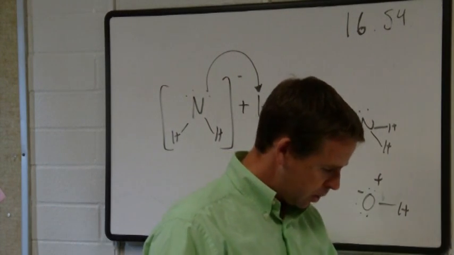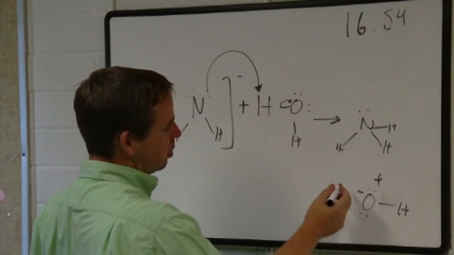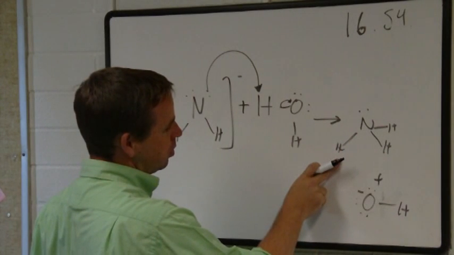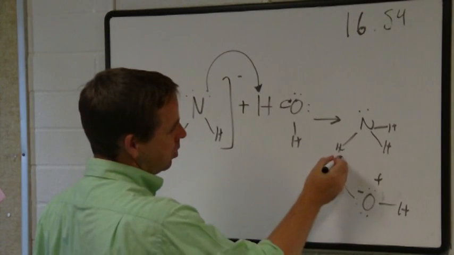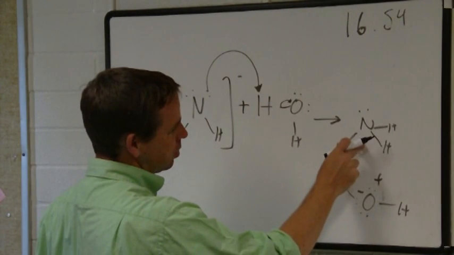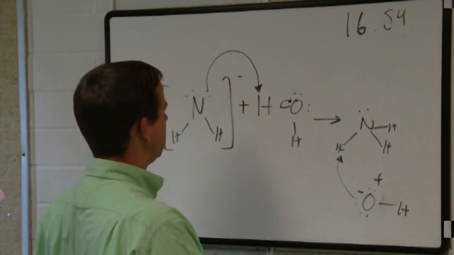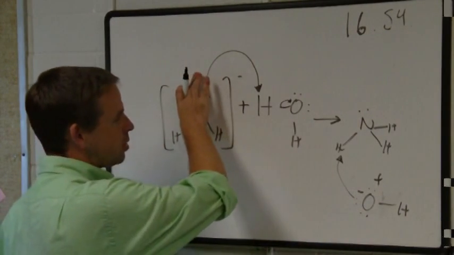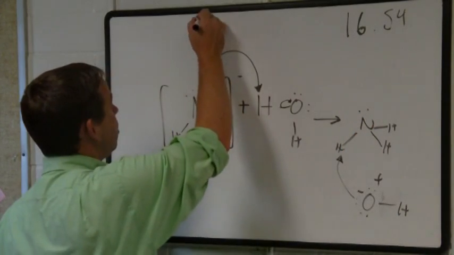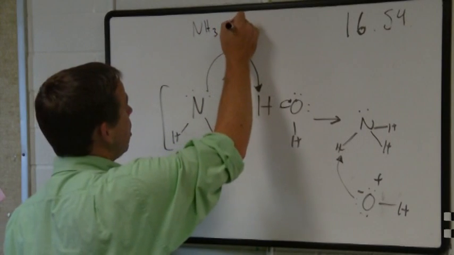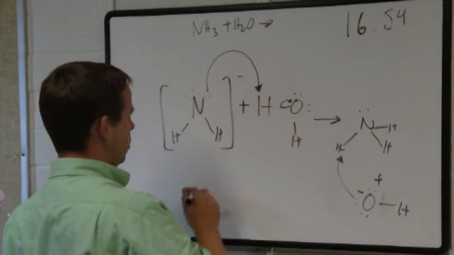Oh wait, did I say that right? Let's see. In this chemical reaction here, this is now the Lewis acid because it's accepting a shared electron pair. This is the Lewis base. This is the Lewis acid in this chemical reaction. NH3 and water, in that chemical reaction, this is our Lewis base, right?